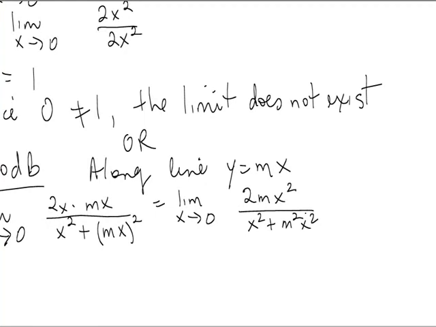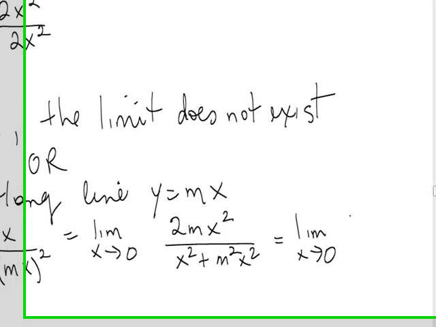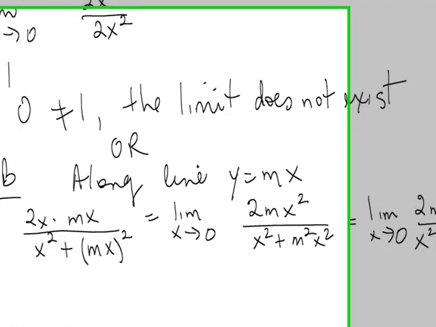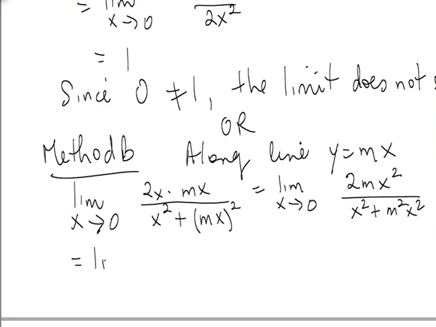Now you can factor x squared from the bottom, then cancel the x squareds. 2m over 1 plus m squared.